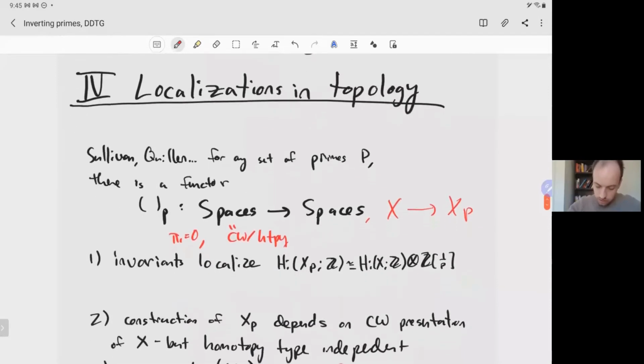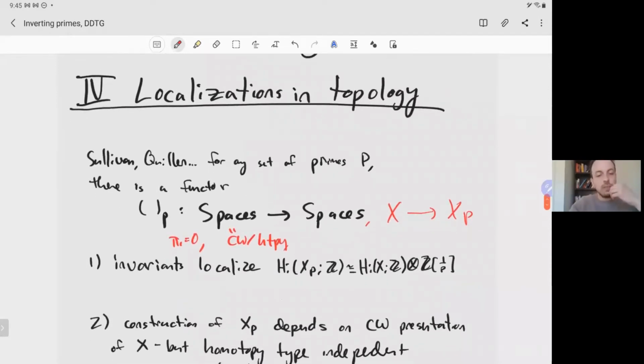And also, this construction of X sub P does depend on the CW presentation of X. You basically look at all the handles and the attaching spheres, and you replace those handles with what are called P handles.